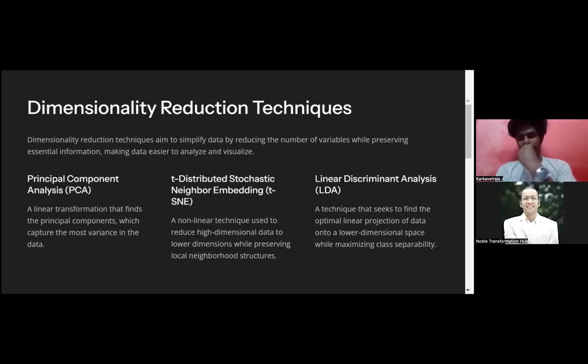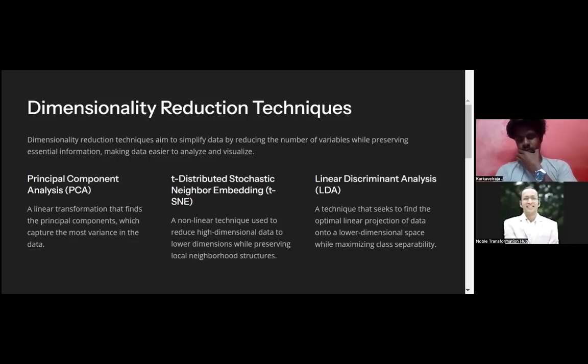Then we have LDA. It's a technique that seeks to find the optimal linear projection of data into a lower dimensional space, while maximizing class separability.